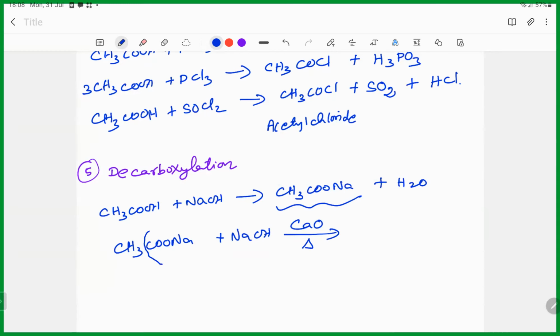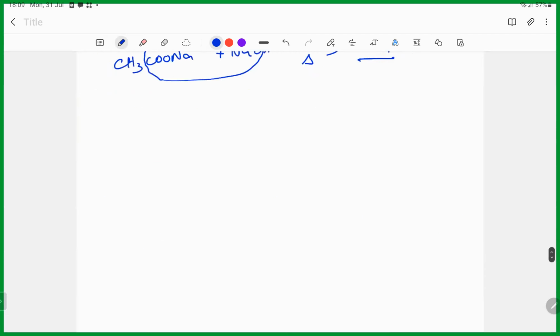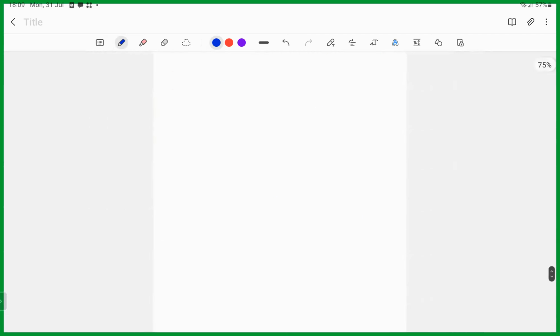It is converted to Na2CO3. So this CH3COONa becomes one carbon less: CH3COOH becomes CH4. This is known as decarboxylation.